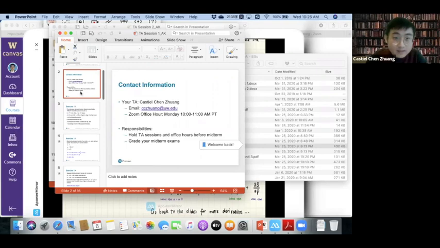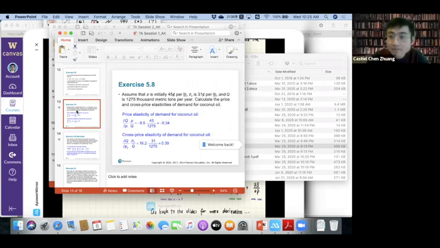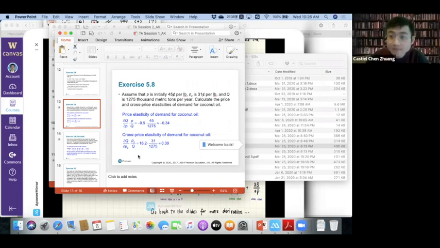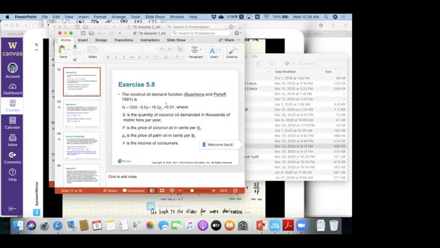It's about 5.8, the cross price elasticity. Is it because you were only taking dQ over the price of palm oil, because the original equation was the demand of coconut oil? Isn't cross price elasticity the change of quantity of good 1 over the change of price of good 2?